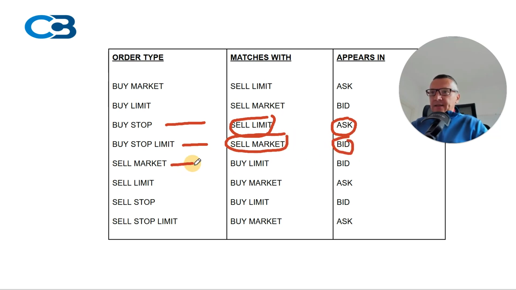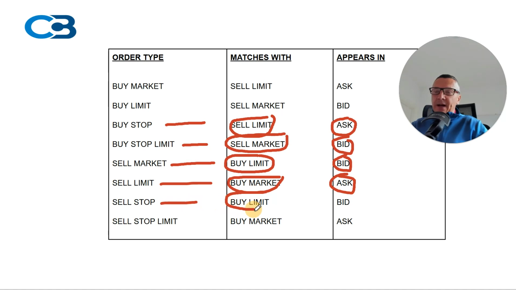And then a sell market that matches with a buy limit appears in the bid. And then a sell limit matches with a buy market, appears in the ask. And a sell stop matches with the buy limit, appears in the bid. And the sell stop matches with the buy market, appears in the ask.